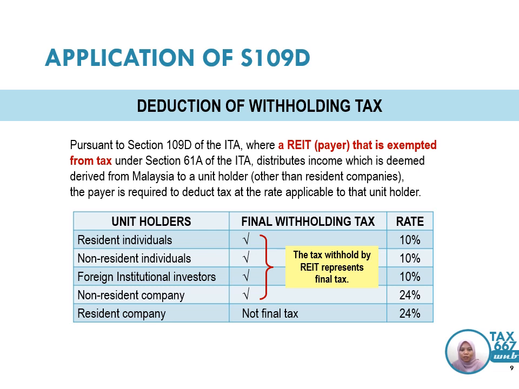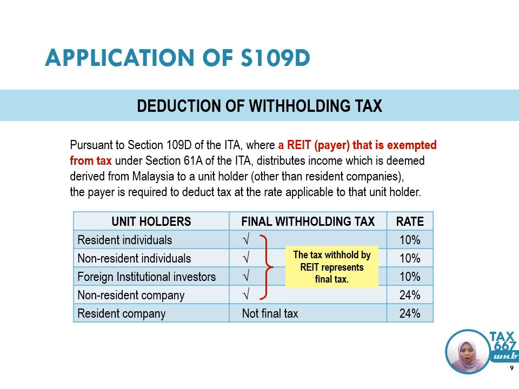So, bila dia dapat exemption bawah section 61A, dengan sendirinya REITs tu kena apply section 109D. Maksudnya, REITs kena deduct withholding tax ikut kadar yang ditentukan kepada setiap jenis unit holders.